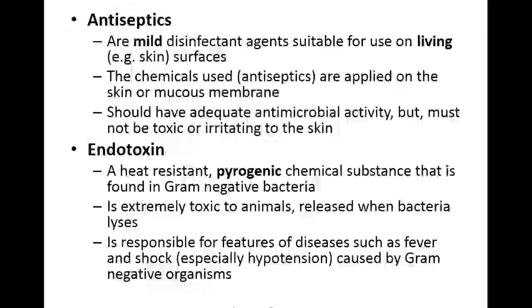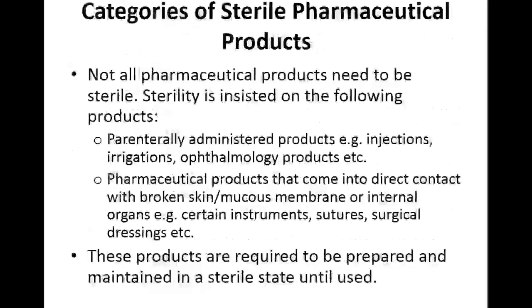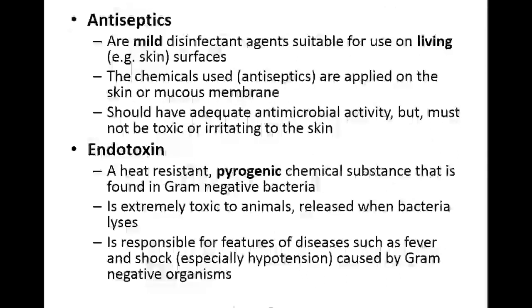Kama ukipata hii hapa unaweza kuona mgonjwa anapata homa, anapata shock, ana paralyze, anapata hypertension. Ni complications ambazo zinaweza kutokana na ile sumu iliyozalishwa na yule organism, so called endotoxins.